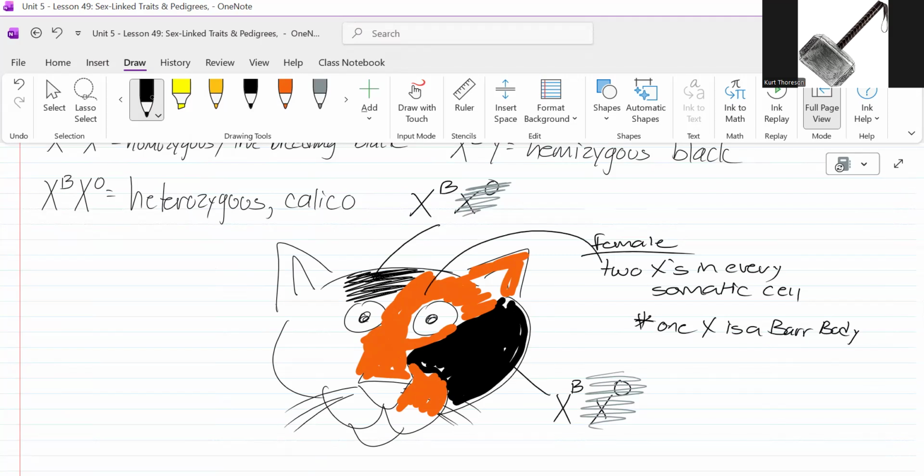Well, oops, this is a little crazy. We got black, we got orange. Which one is the bar body? The black allele, or the black chromosome. The X chromosome carrying the black allele is what I meant to say. Okay, let's say I go here.